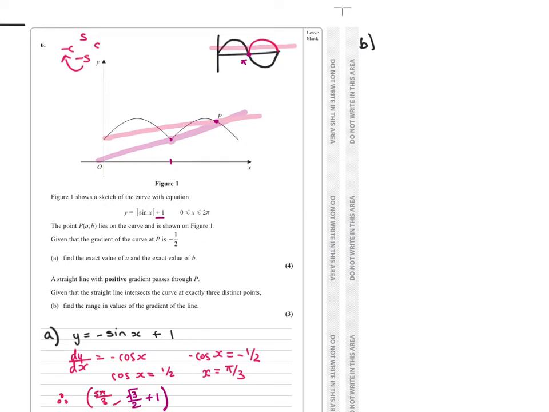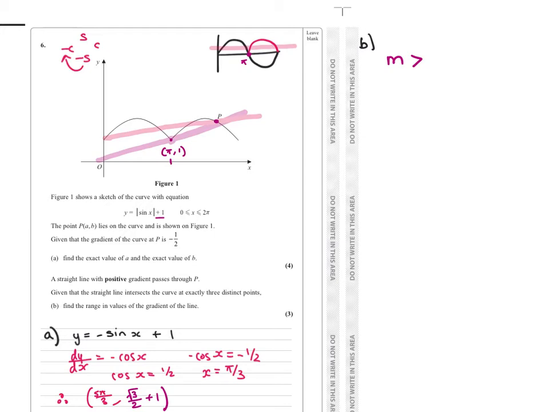If we've added 1 to the equation, this is now pi and 1. Okay, so our first line, we know that our gradient m has to be greater than the line P, and this is going to be our minimum point.